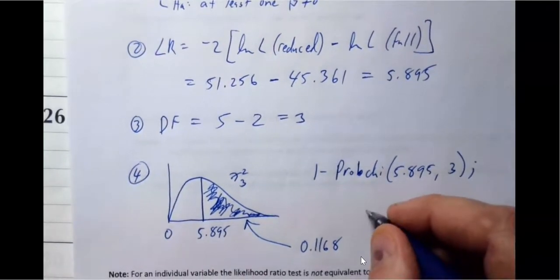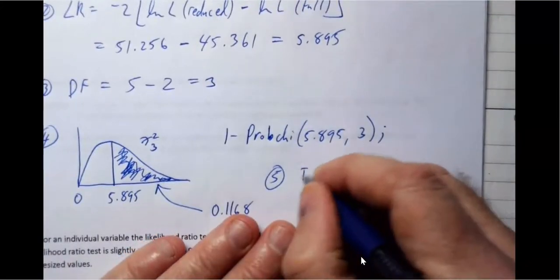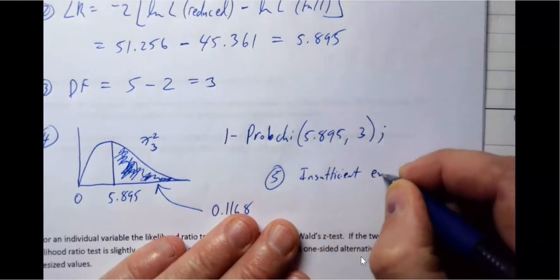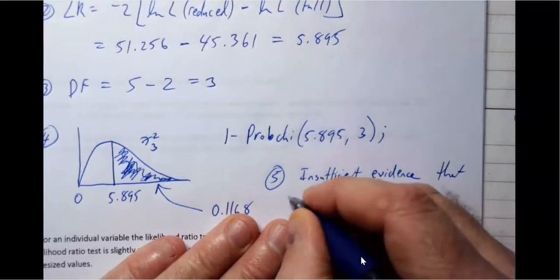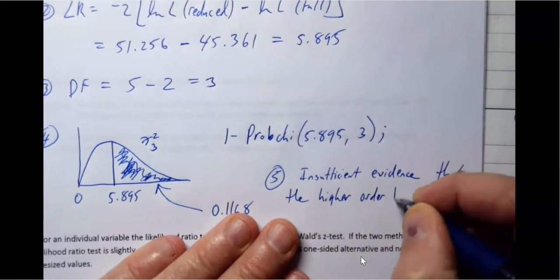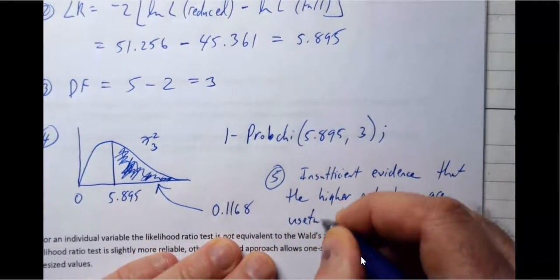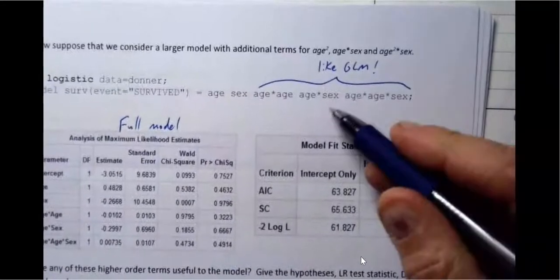So now my conclusion, I'm just going to shorthand it a little bit. I'm going to say insufficient evidence that the higher order terms are useful, which is actually good news to me, because if we start throwing things like age squared, age by sex, and age squared by sex into the model, it gets a little more complicated to interpret.